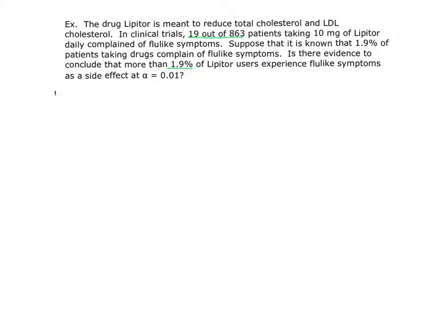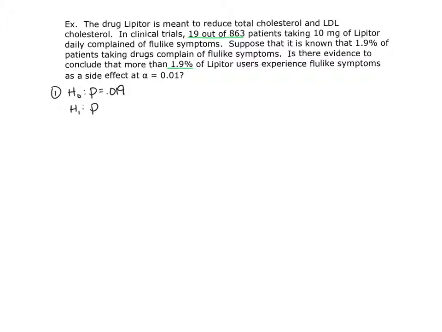So the first step is stating our null and alternative, which will both be statements about P. That 1.9% is also our null value. So the null hypothesis is P equals 0.019. Again, make sure that you always convert percentages to decimals.